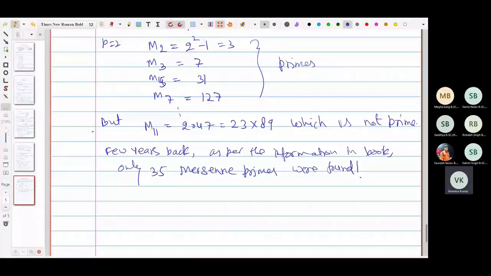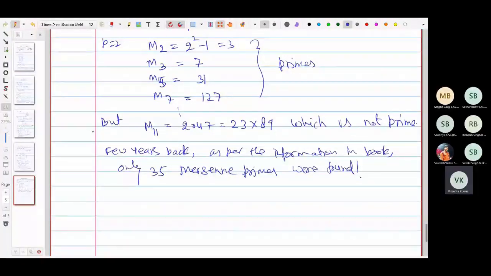Unlike the result for Fermat numbers, for Mersenne primes there is no result that there are infinitely many primes.